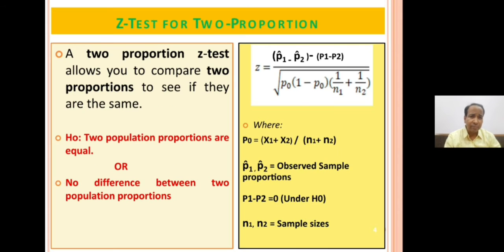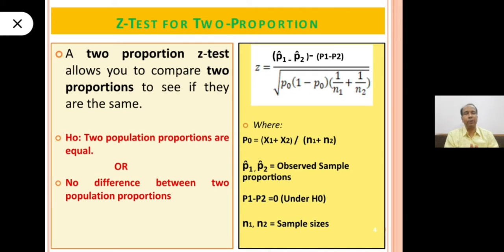Let's see what the Z statistic is for two proportions. A two proportion Z-test allows you to compare two population proportions and test them for their equality, whether the two population proportions are equal or equivalent or not.